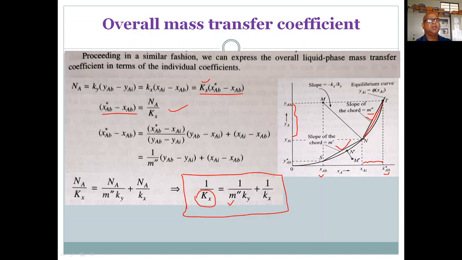But in case of Henry law, y a will be m x. So then this equilibrium curve will be linear. If it is linear, then m dash will be equal to m double dash equal to your m. But here I have taken the generic term, that's why I have taken m dash or m double dash. So now this is the overall mass transfer coefficient.